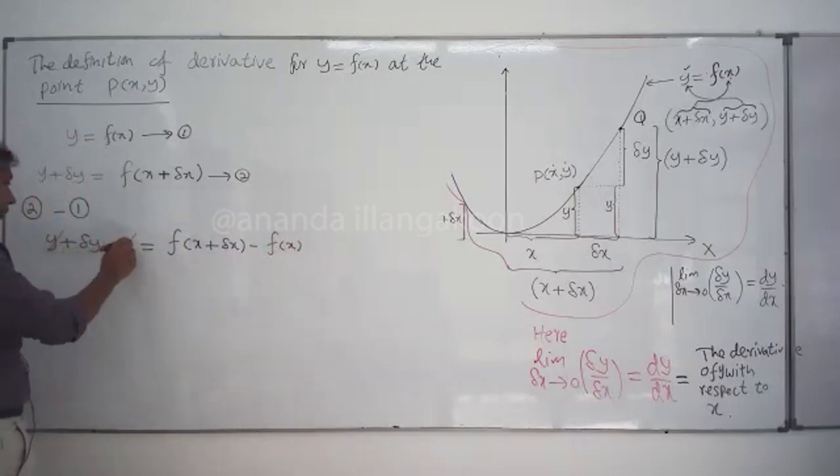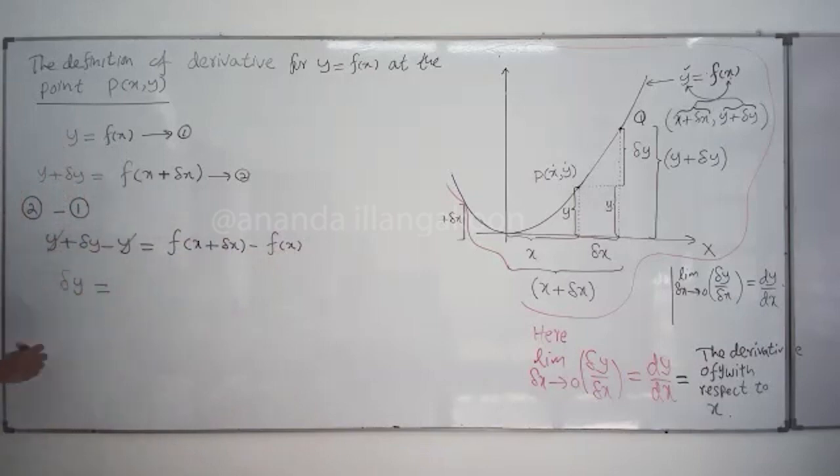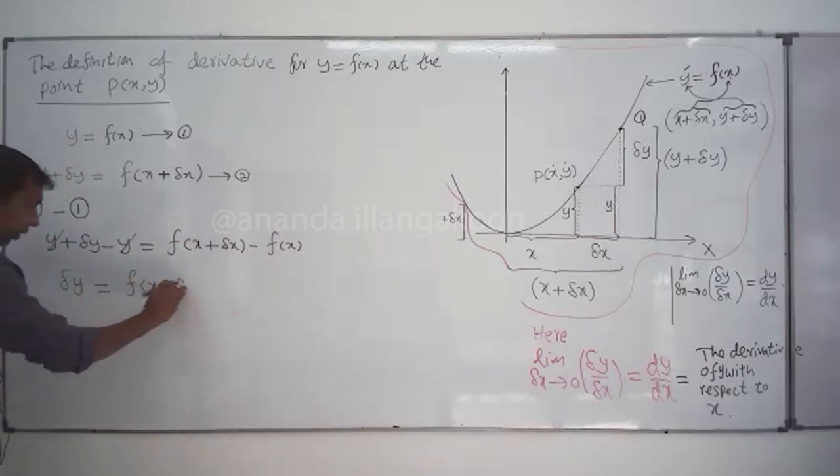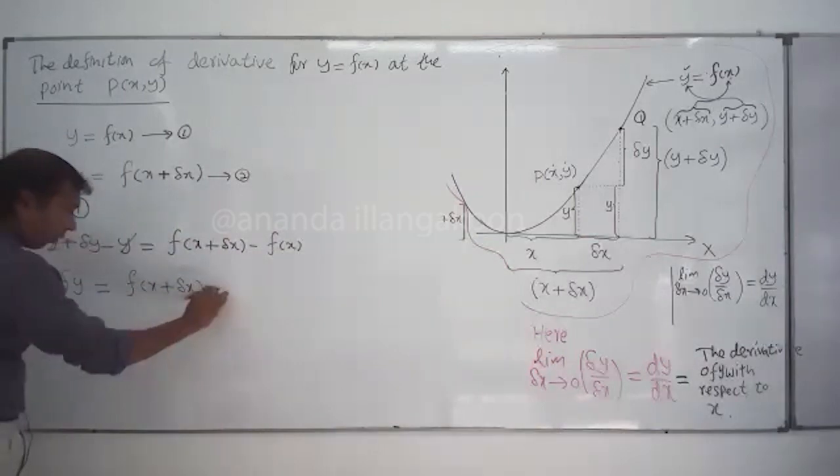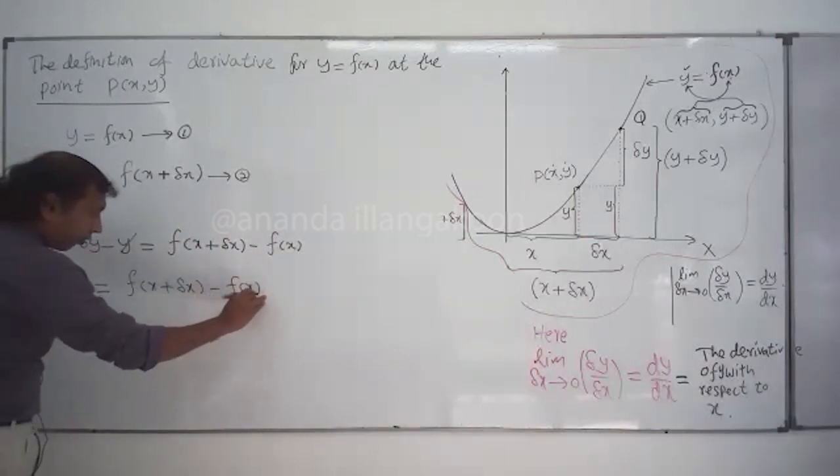These two you can cancel now. Delta y equals f of (x plus delta x) minus f of x.